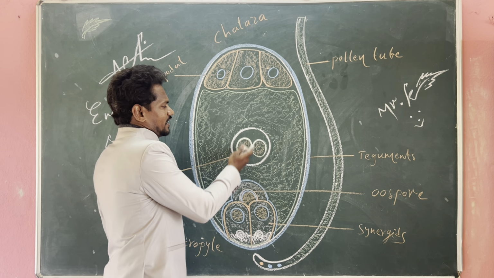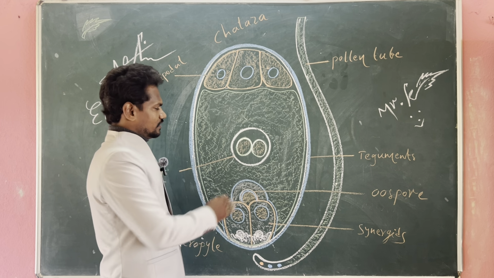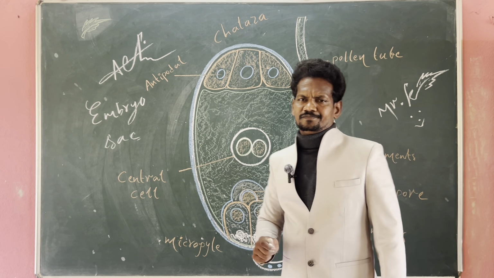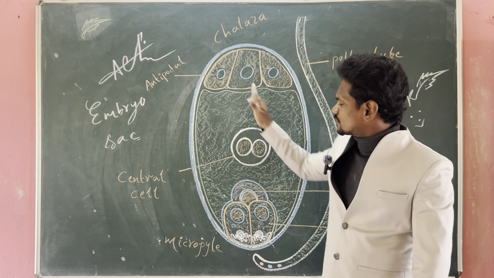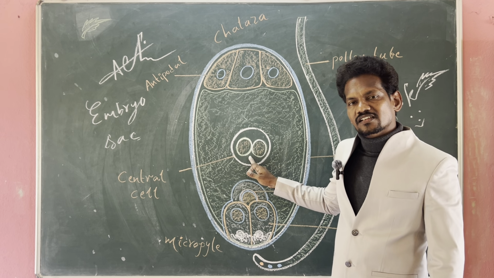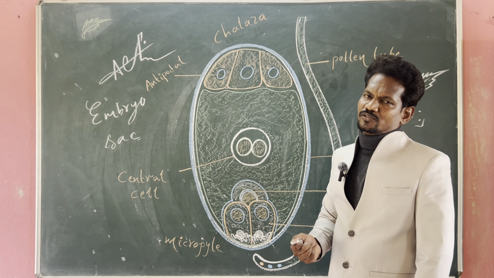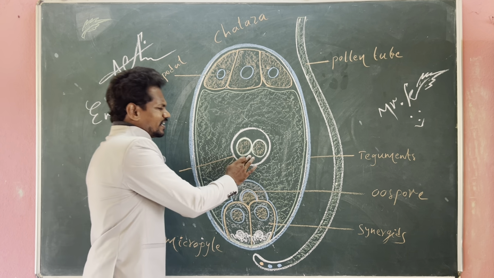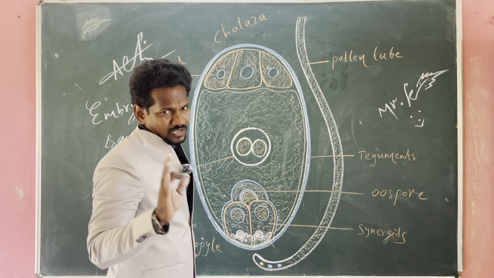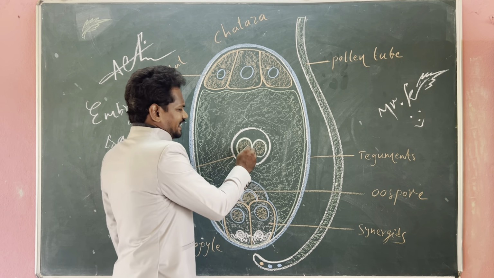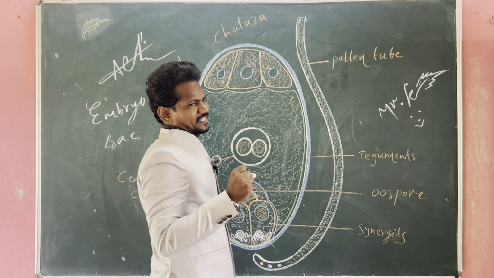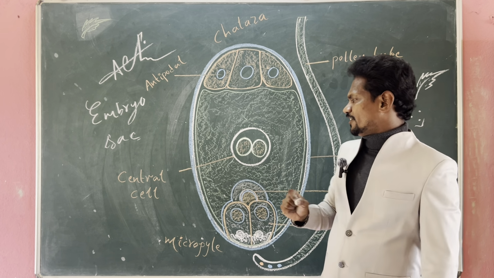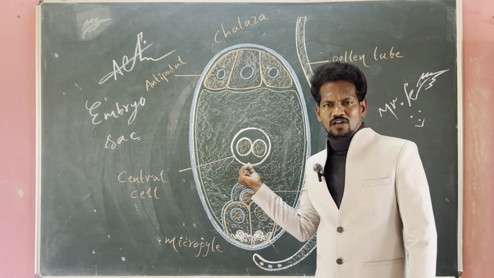The central cell is the largest cell in the embryo sac. So what is the function of the central cell and polar nuclei? These polar nuclei fuse together to form the secondary nucleus.